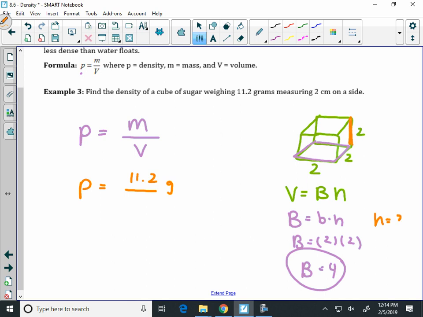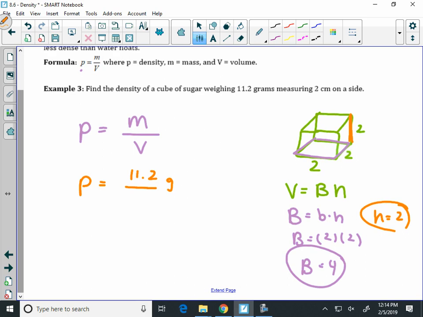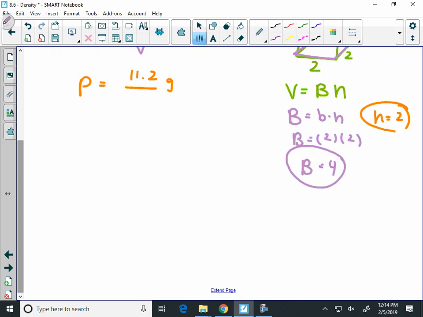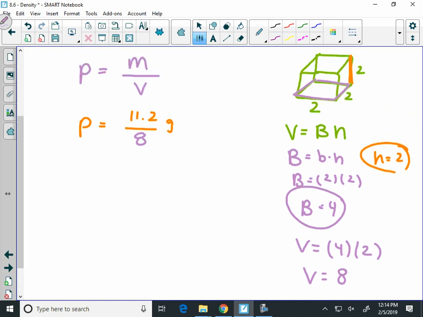Everything is 2. All the dimensions are 2. So then when we plug this into our formula, the volume is big B times my height. And 4 times 2 is 8. So that's our volume. And we would label our volume centimeters cubed.